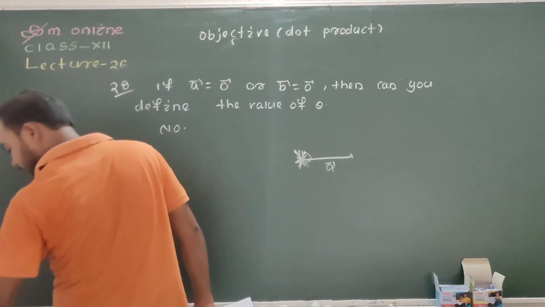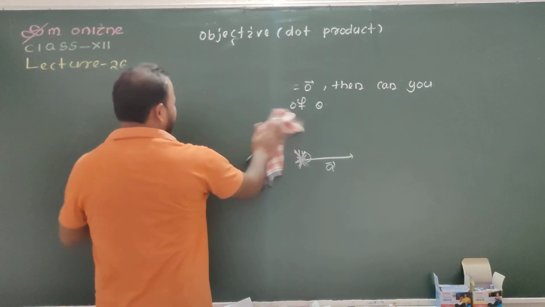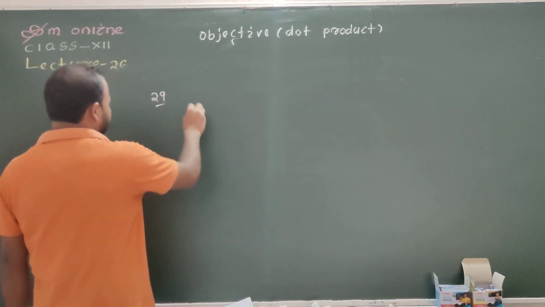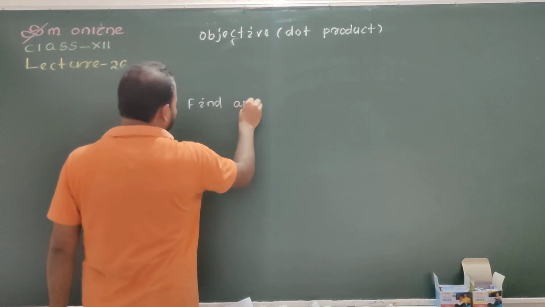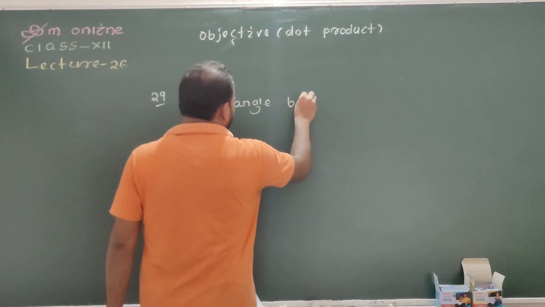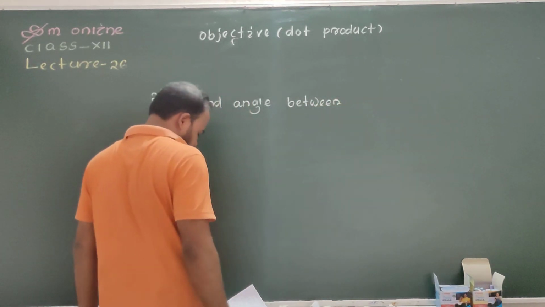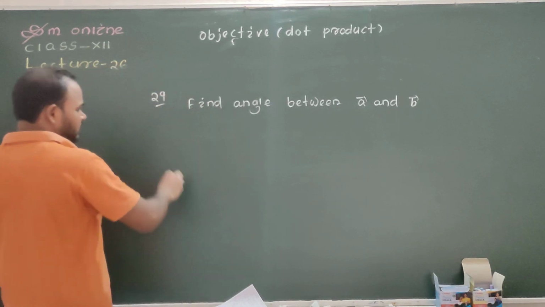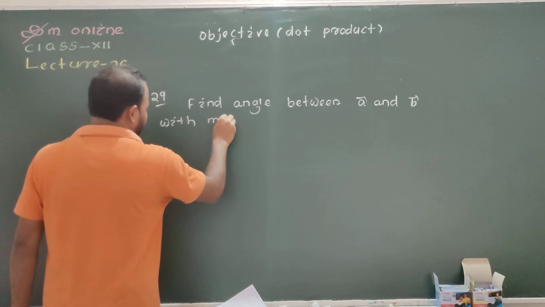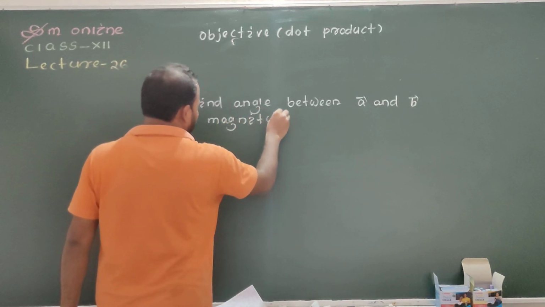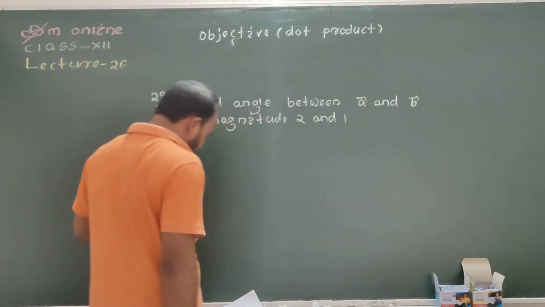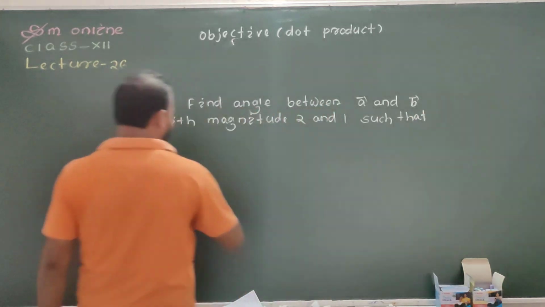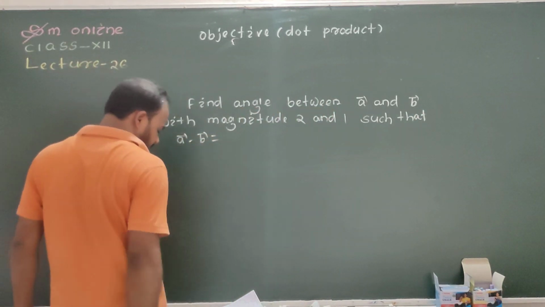Now question number 29. Find the angle between vector A and vector B with magnitudes 2 and 1, such that their scalar product, vector A dot vector B, equals √3.